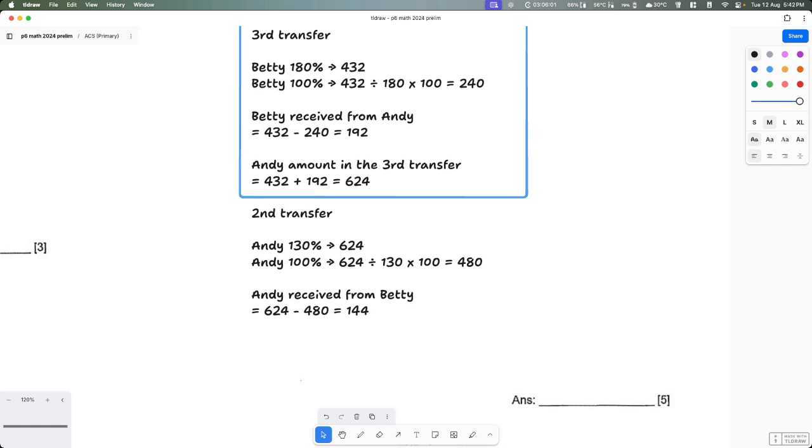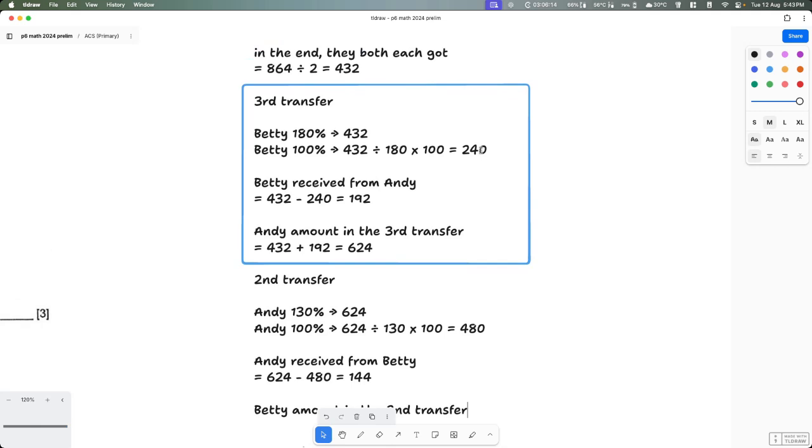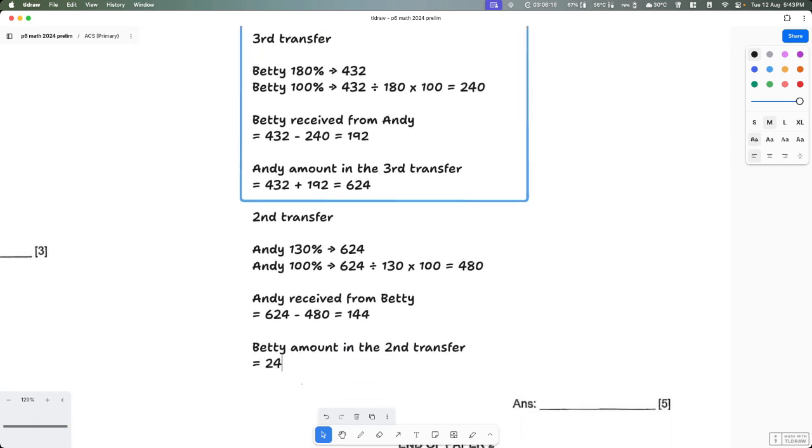Now with this, Betty's amount in the second transfer is this one. Betty got 240 plus 144, and we can calculate it, 384. So this is the second transfer in this case over here.